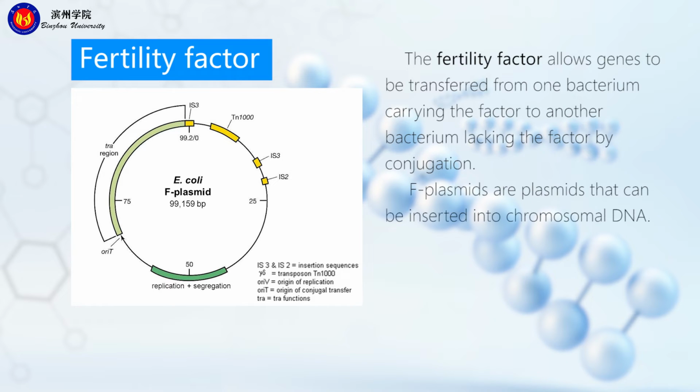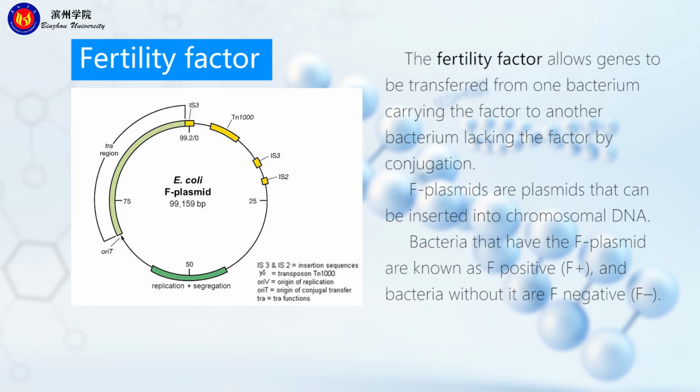F plasmids are plasmids that can be inserted into chromosome DNA. Bacteria that have the F plasmid are known as F positive, and the bacteria without it are F negative.